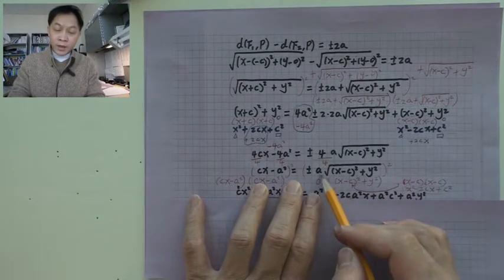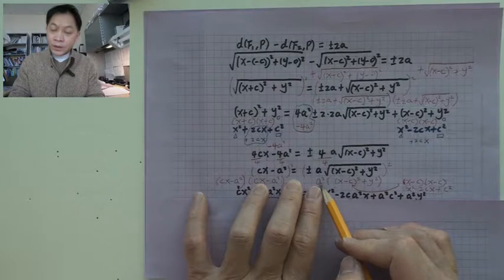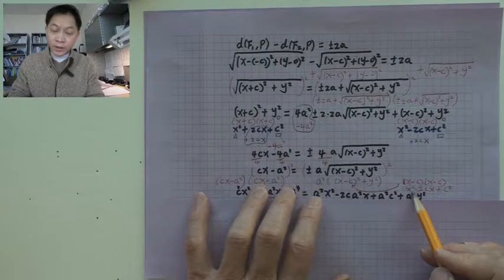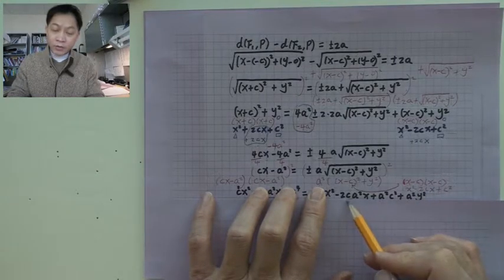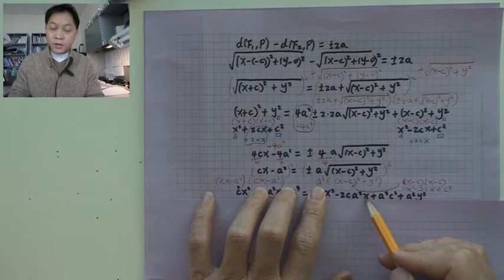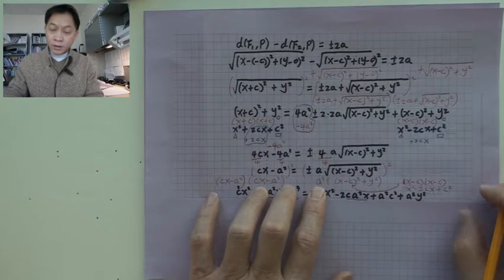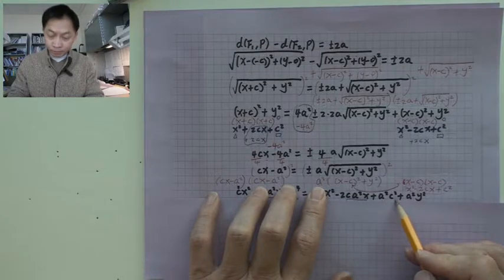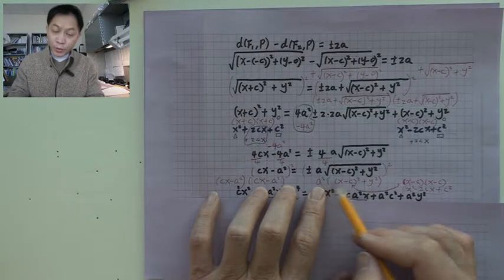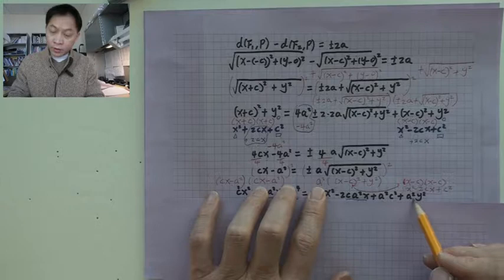So then you will have a squared times x squared, you get a squared x squared. A squared times negative 2cx is negative 2ca squared x. And you have a squared times c squared, so it's a squared c squared. And then a squared times y squared is a squared y squared.